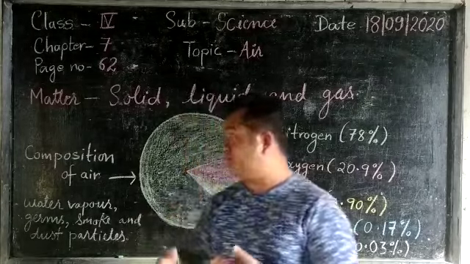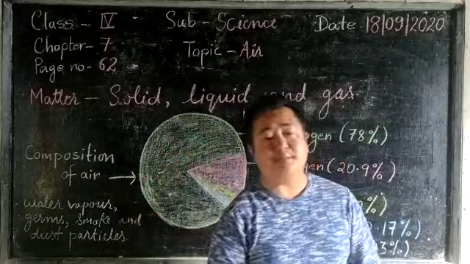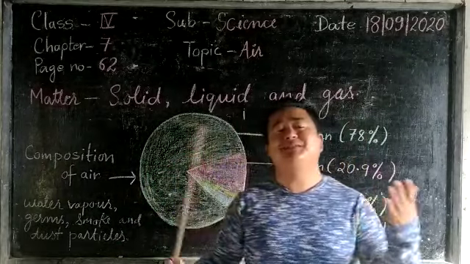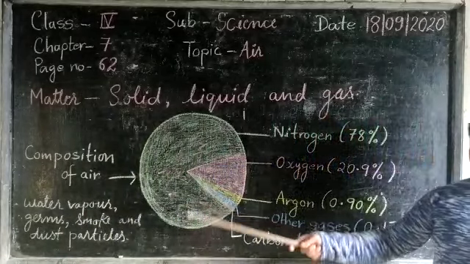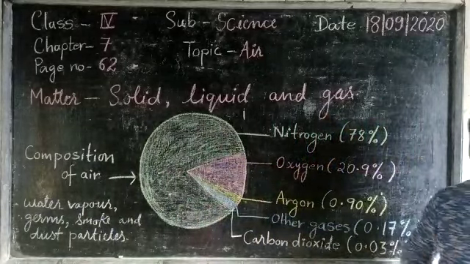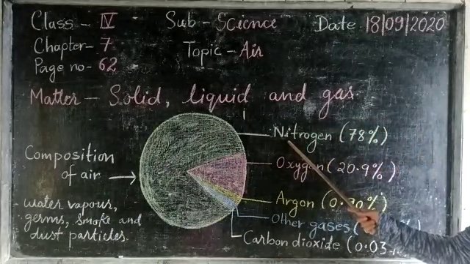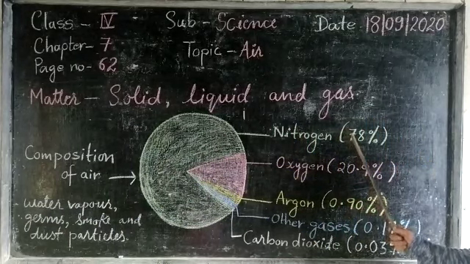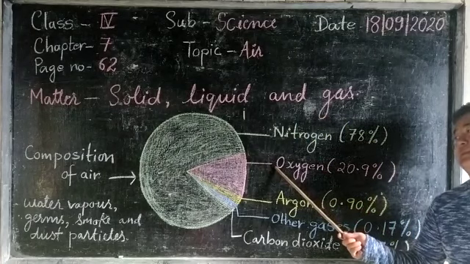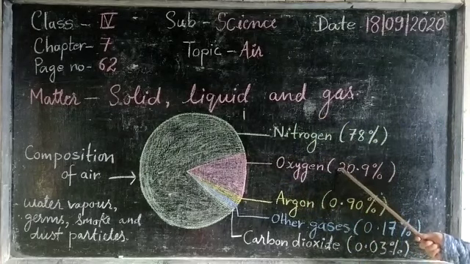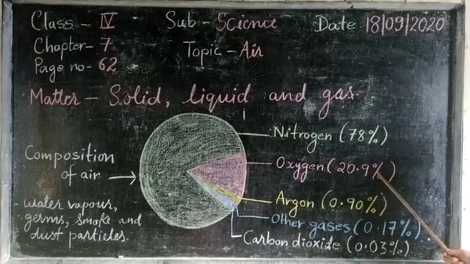And moving on to the composition of air, it is mainly composed of different gases. For that you can see on the board, air is composed of nitrogen, which is 78%. Air is composed of oxygen, which is 20.9%.